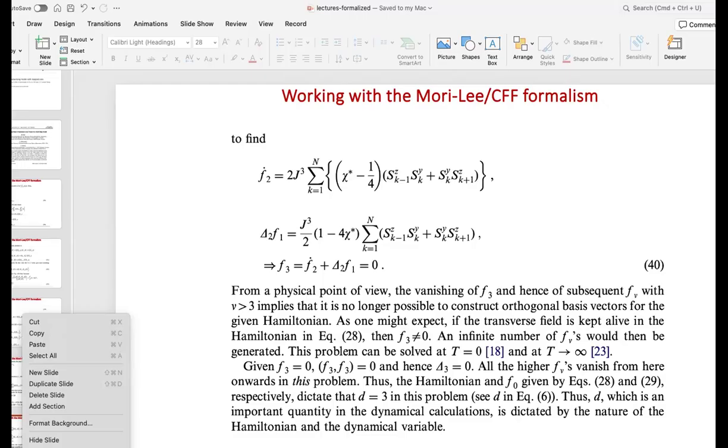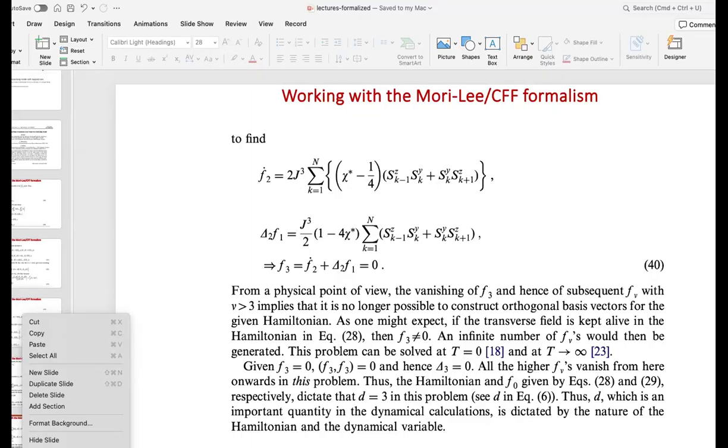In this case, you have two neighbors, and because F3 becomes 0, Hilbert space dimension becomes 0, 1, and 2, so 3-dimensional. So Hilbert space dimension D will turn out to be Q plus 1, where Q is the coordination number of nearest neighbor. So in this system, and this was something that we were able to show on paper.